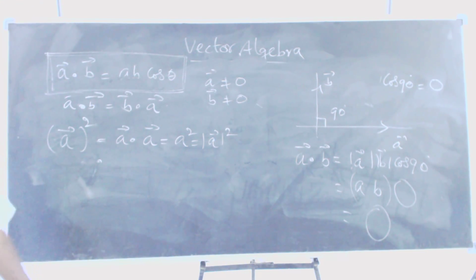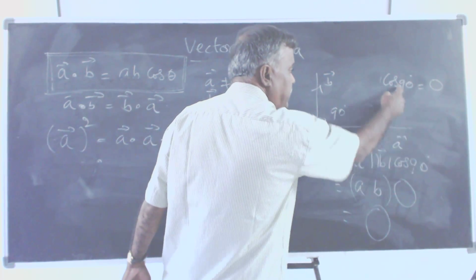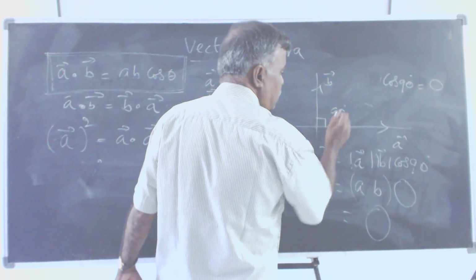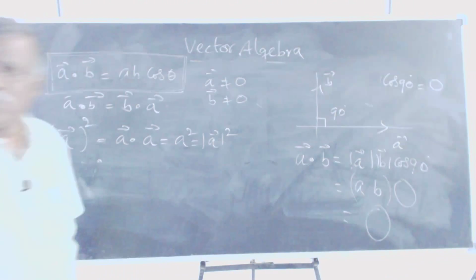If the two vectors are non-zero vectors and they are perpendicular to each other, means the dot product between them equal to 0, because A dot B by definition has cos theta, theta is 90, and therefore you are having cos 90 value 0. 0 into anything 0.